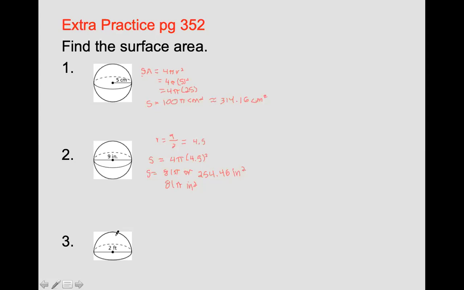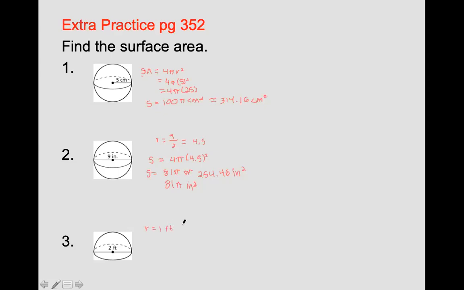So I need to find the surface area of the top here, right, this hemisphere. But if it's a solid, then this is also filled in on the bottom. And so I'm going to need to look at that circle and add that to my surface area calculation. So a couple things to notice in this problem. First of all, the radius is half of the diameter. So the radius is 1 foot.